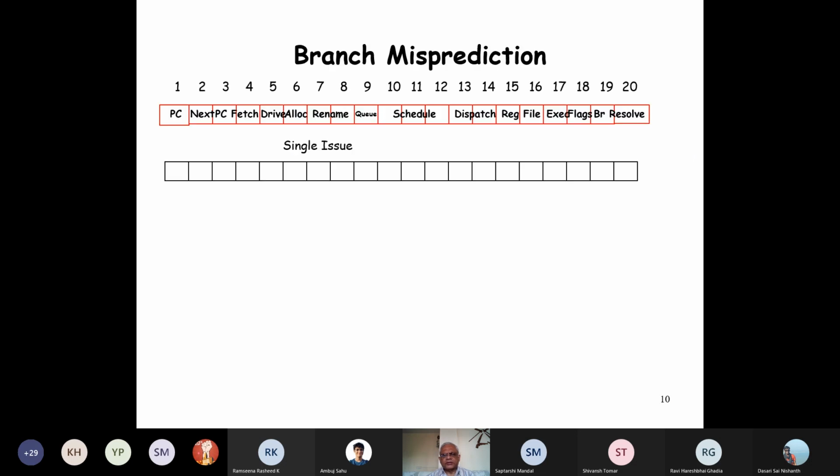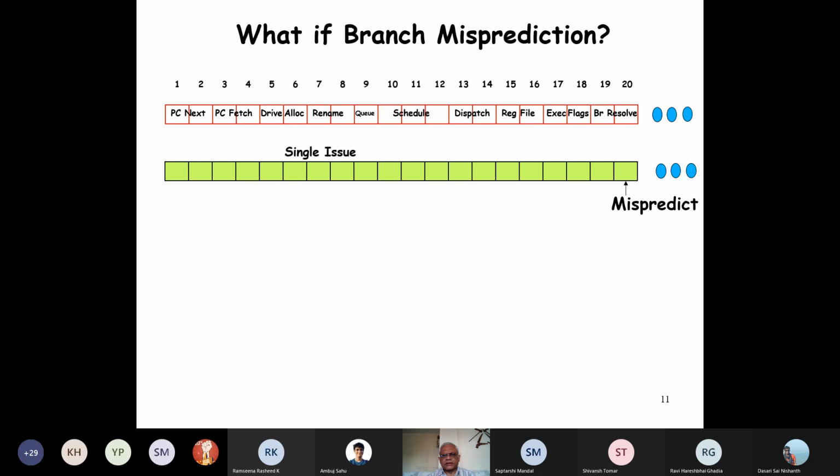Look at this 20-stage pipeline. More than 20 actually, so there are more stages, but the branch outcome is resolved at 20 stages. By the time the branch outcome is resolved, several other instructions have been fetched. And this is a single issue. There are also superscalar architectures, which we're not going to discuss in this course.